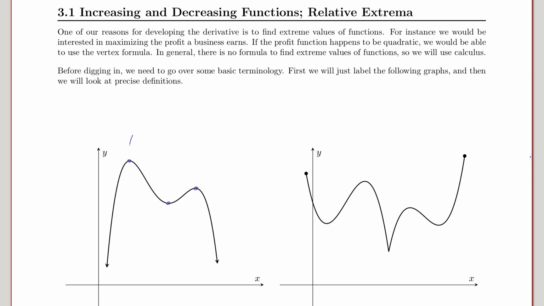So this first point here we refer to as an absolute maximum, because it is absolutely the highest point on the graph. Okay, it's got a larger y value than any other value on the graph.